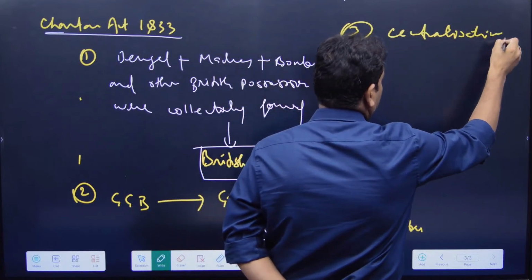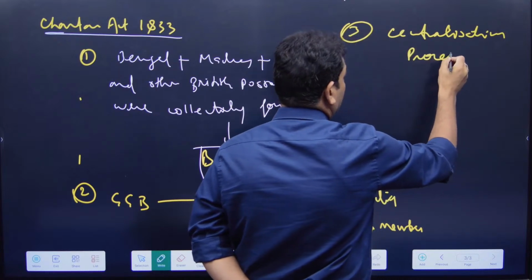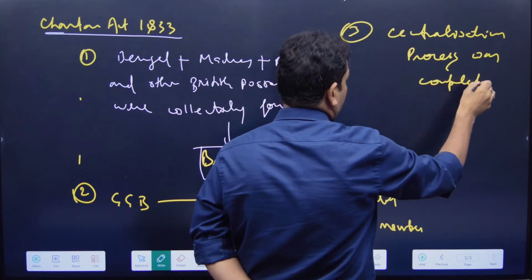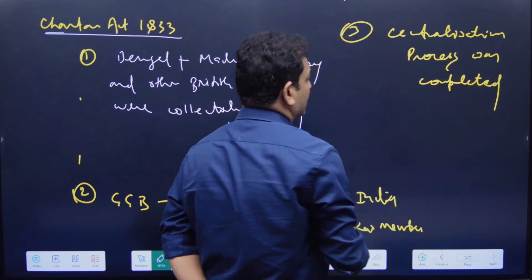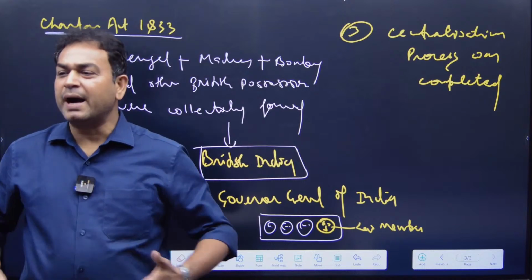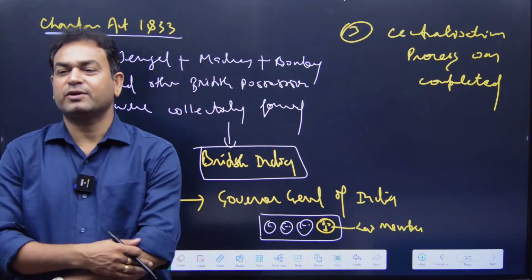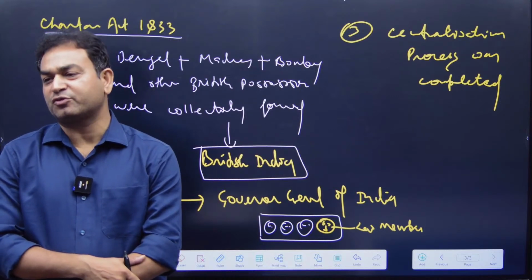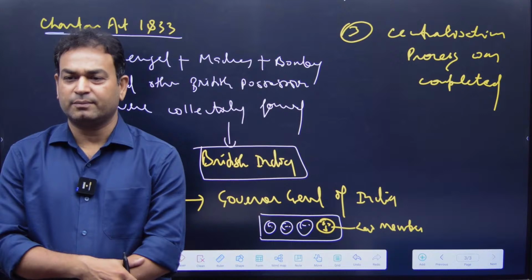The centralization process was completed with the combined structure of British India, and all the powers were vested within the Governor General of India.